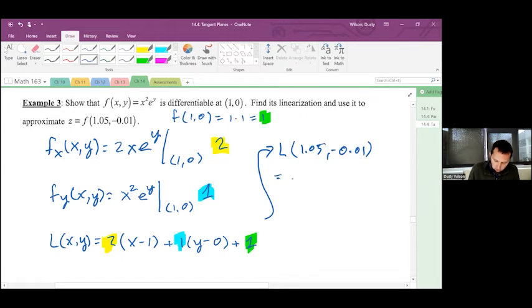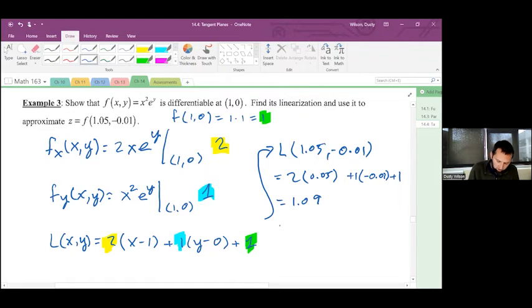And that would be 2 times 1.05 minus 1, 0.05, plus 1 times negative 0.01 minus 0 would be negative 0.01, plus 1, which looks like 1.1 minus 0.01, I think that's 1.09.